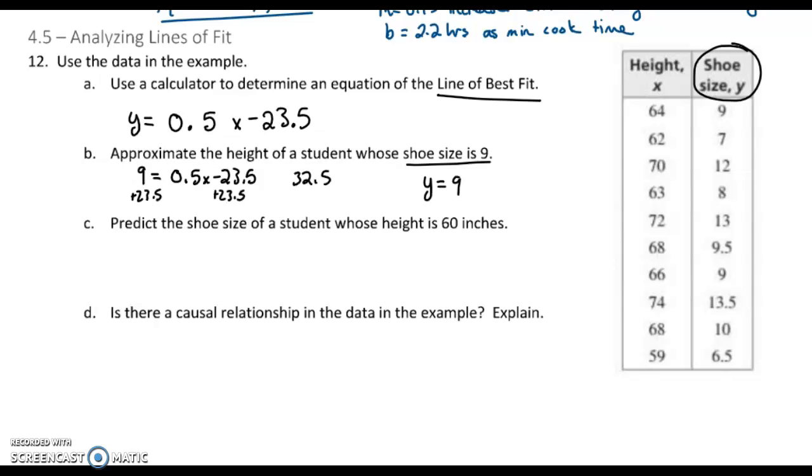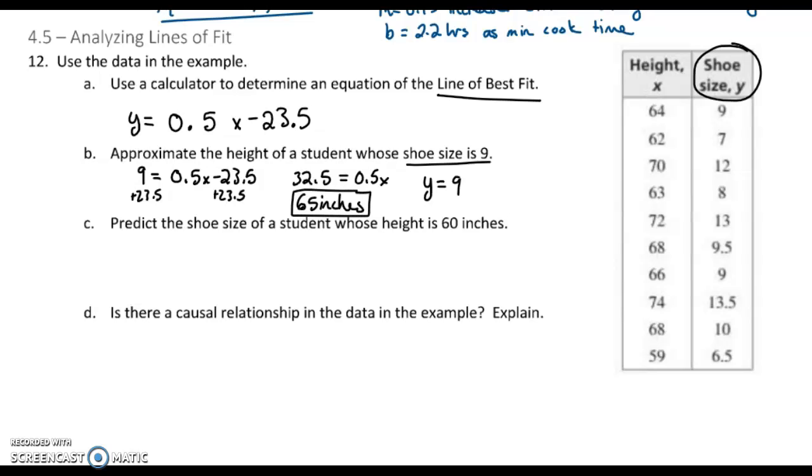That's 32.5 equals 0.5x, and then divide by 0.5, and you're going to end up with 65. So it's 65 inches is about the height of a student who wears shoe size 9.